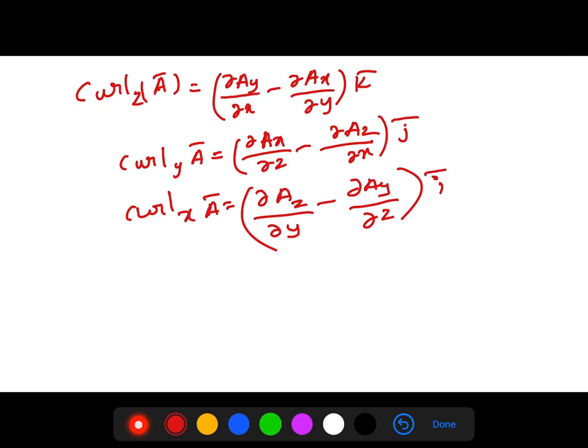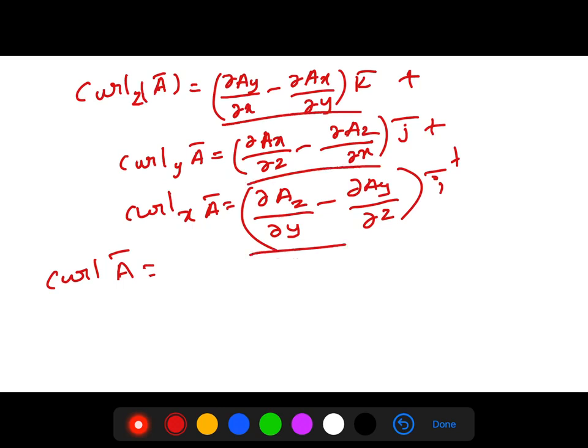Now let's consolidate all these components. So we have to add plus plus plus. So finally we will get, if we place curl A bar equal to this component, this component and this component, we have to add all the components.